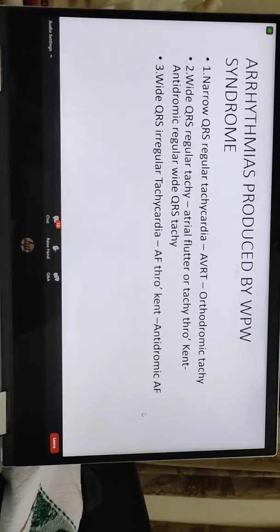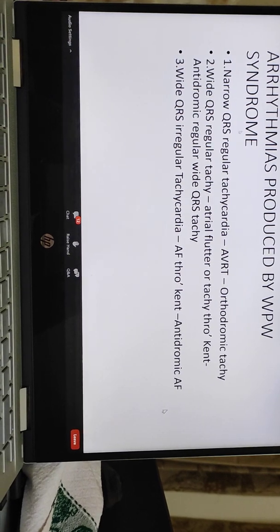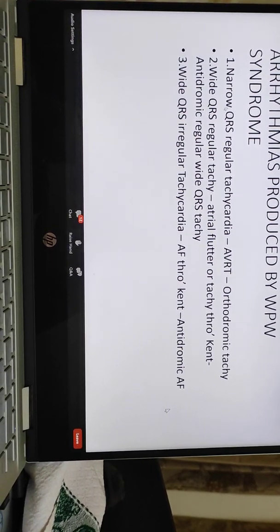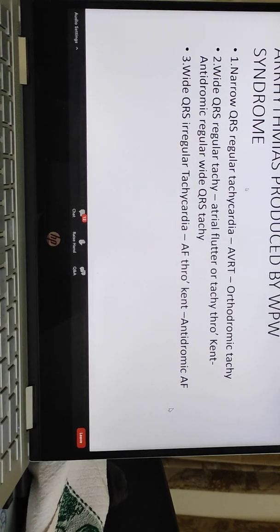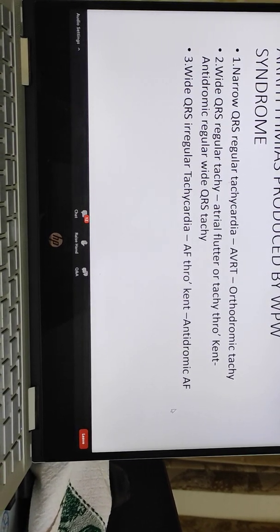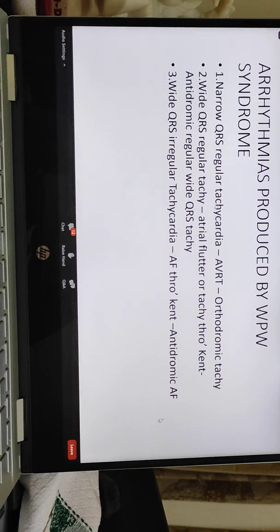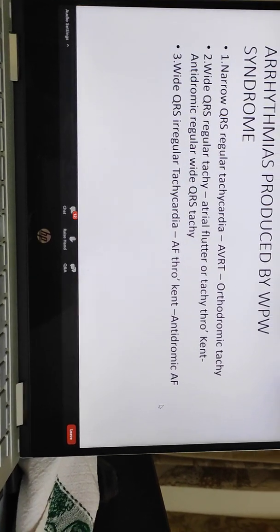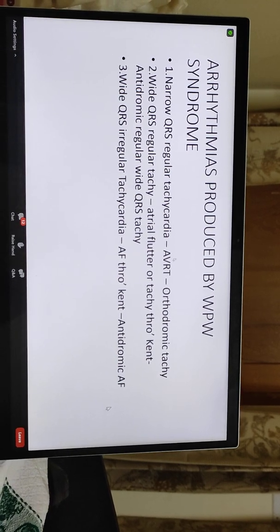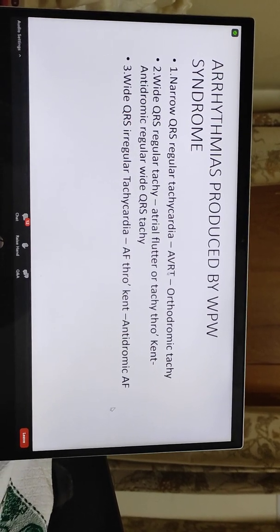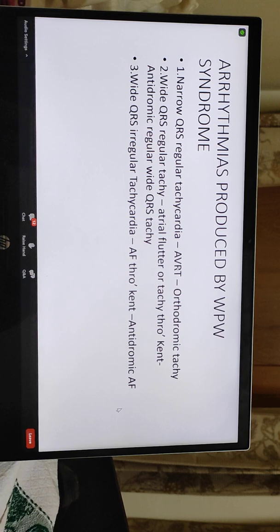So the arrhythmia produced by the Kent bundle or the WPW syndrome is going to be one narrow QRS regular tachycardia, which is happening because of the re-entry mechanism between the atrium and the ventricle involving the accessory pathway. It is called atrioventricular re-entry tachycardia, atrioventricular reciprocating tachycardia, which is called AVRT.